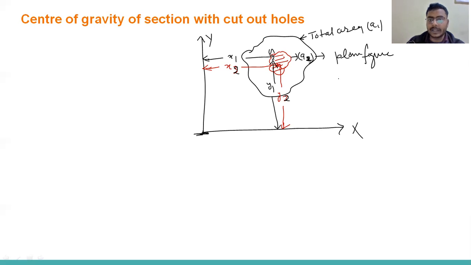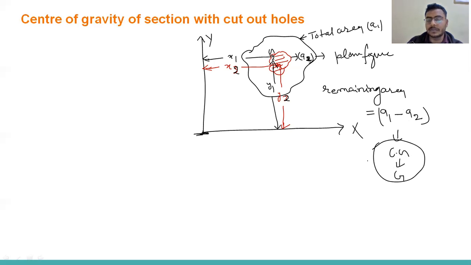So we have to calculate for the remaining area. Remaining area, total area we have A1 and missing part is A2. Okay, so remaining area we have A1 minus A2. So we have to calculate for this area A1 minus A2 what will be the center of gravity.